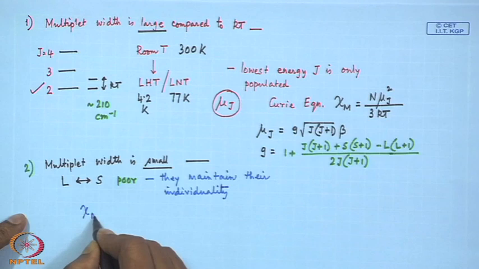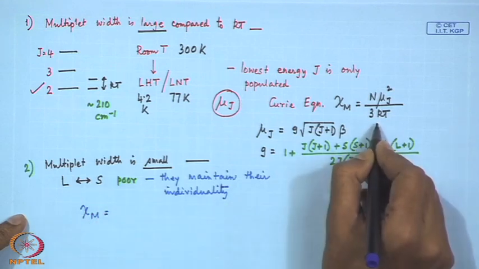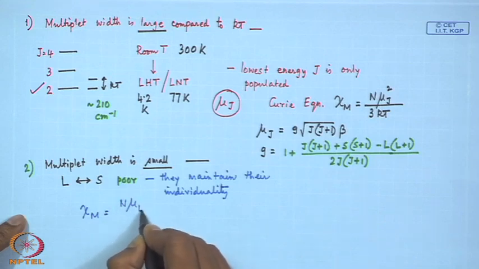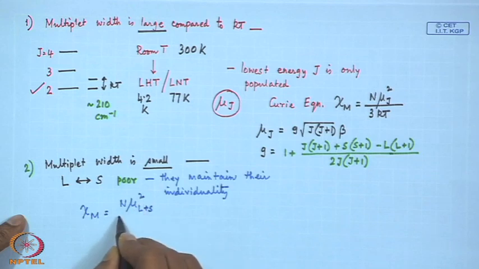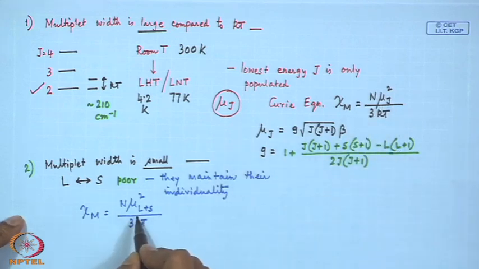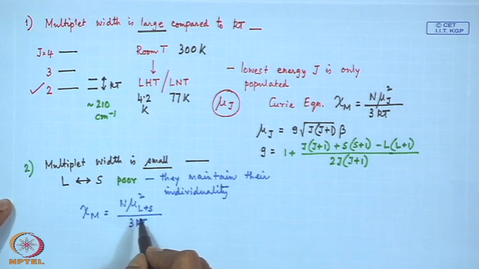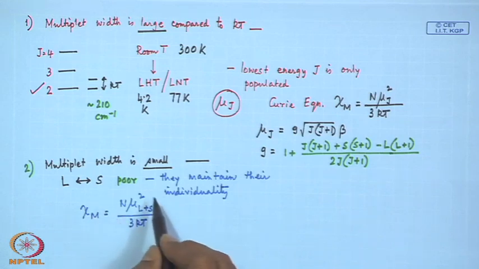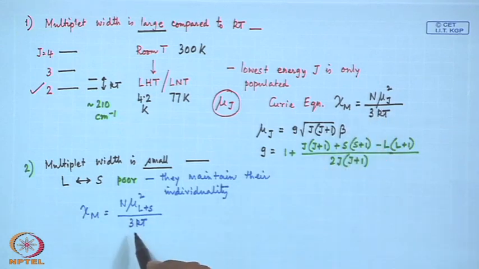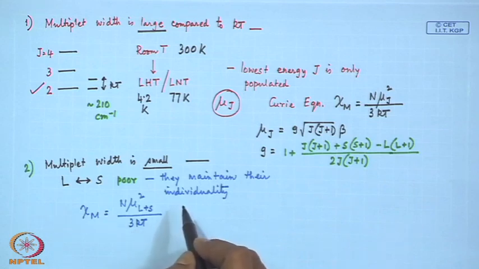And we now get this chi m value as n mu L plus S square divided by 3 kT. So, instead of J mu J, we have mu L plus S. So, in this particular situation we can find out the total values related to mu L plus S. So, we can compare the magnetic moment theoretically, whether we are getting a magnetic moment using the mu J equation or mu L plus S equation or mu S equation.